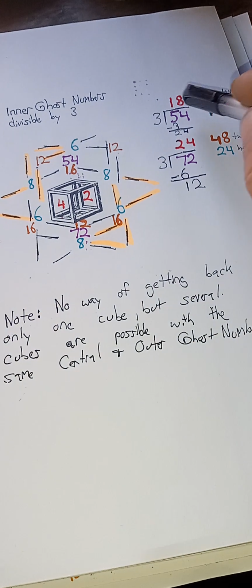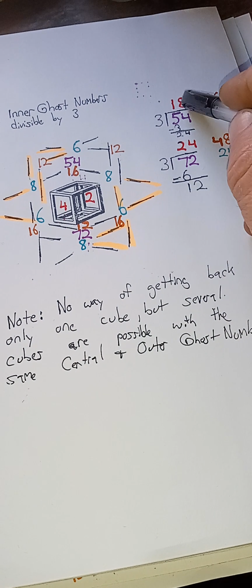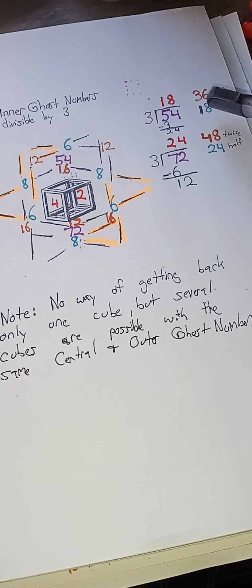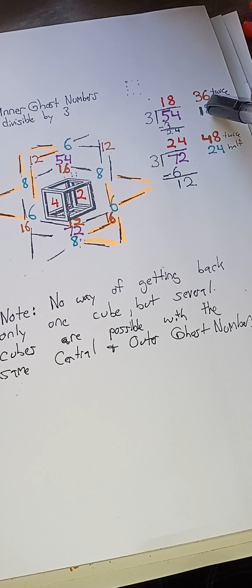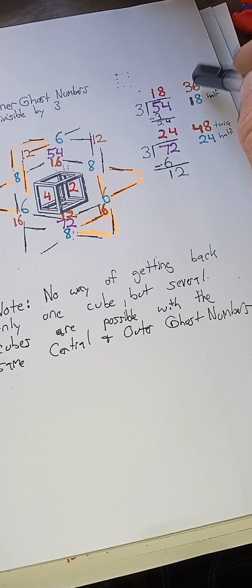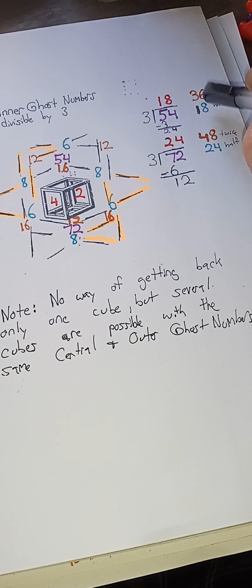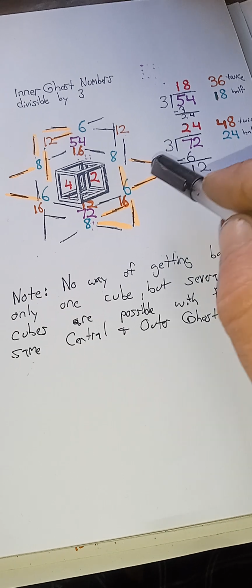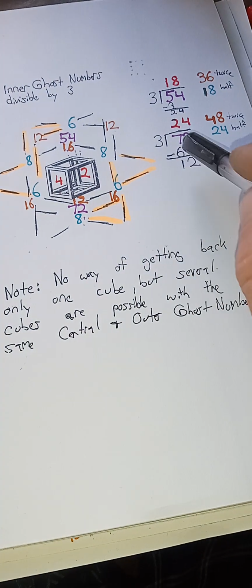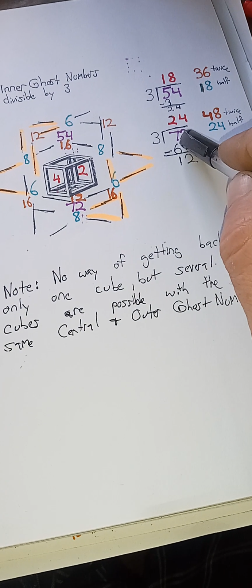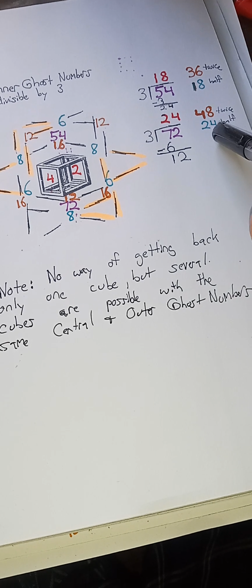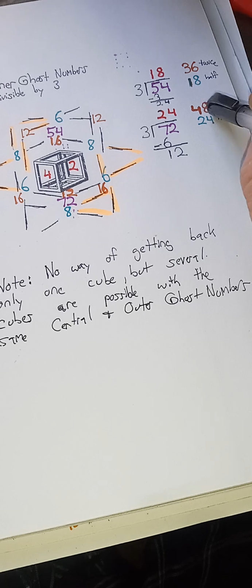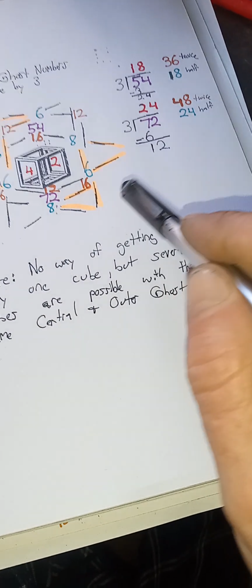And so 54, you divide it by 3, gives you 18, and double 18 is 36. So that gives you the primary number and the secondary number. And then down here 72, you divide 72 by 3, it gives you 24, which is half of 48, primary and secondary numbers.